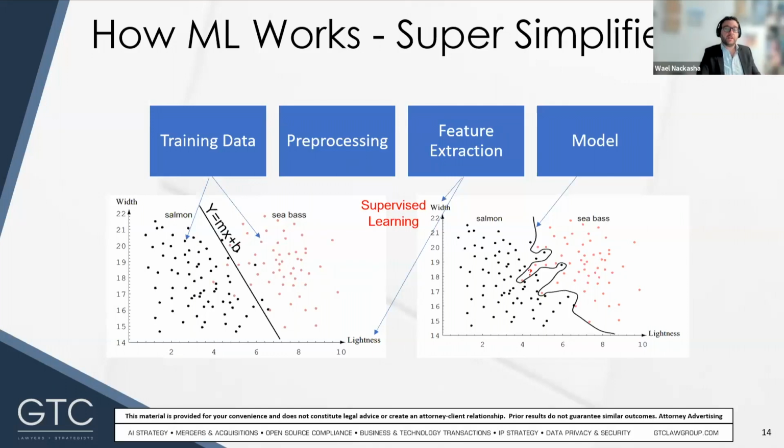So basically, we provide the computer with images that it didn't see before. It's not from the pool of data. And then we ask the computer, based on this model, where would this point lie? So the computer would say, if it lies on the right side of the model, then it will be classified as sea bass. If it lies on the left side of the model, it will be classified as salmon.